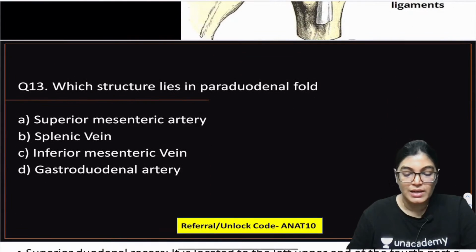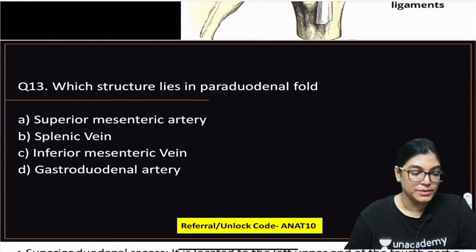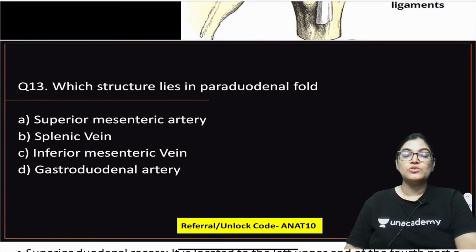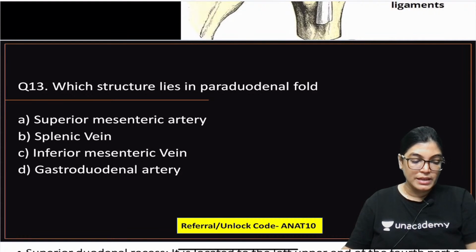Now, which structure lies in the paraduodenal fold? Which of the following structures is located in the paraduodenal fold? Whether it is superior mesenteric artery, splenic vein, inferior mesenteric vein or gastroduodenal artery. Question number 13, mark the correct answer.